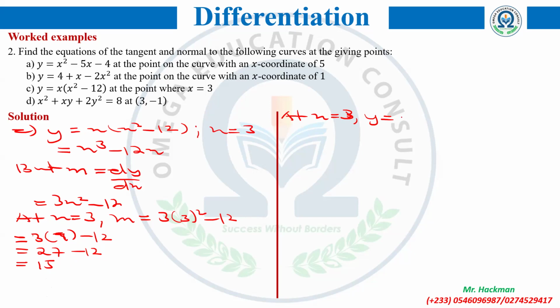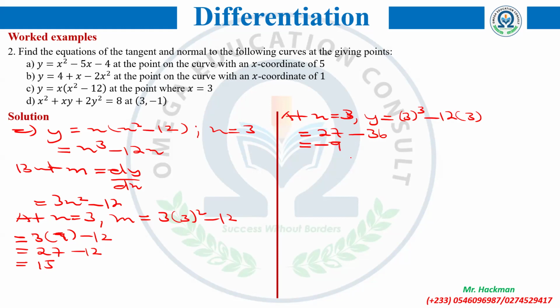That gives 3 cubed minus 12 into 3, so my y will be equal to 27 minus 36, which gives negative 9.